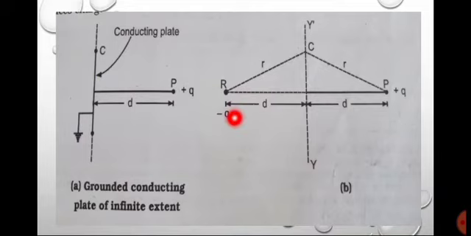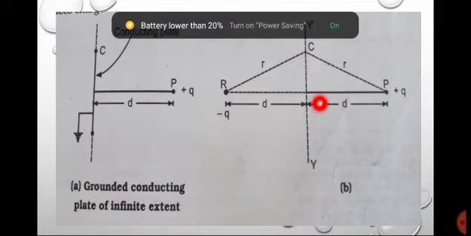It is obvious that if we remove the grounded conducting plate and the charge minus q is placed at R, every point on Y dash which was previously occupied by the conducting plate will be at zero potential.